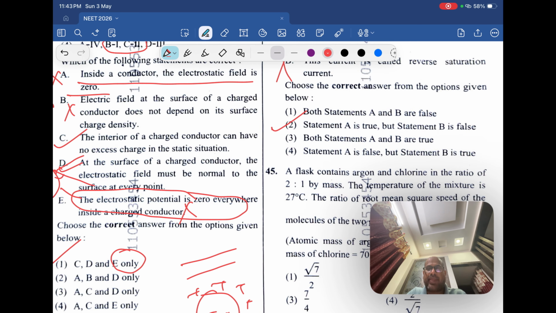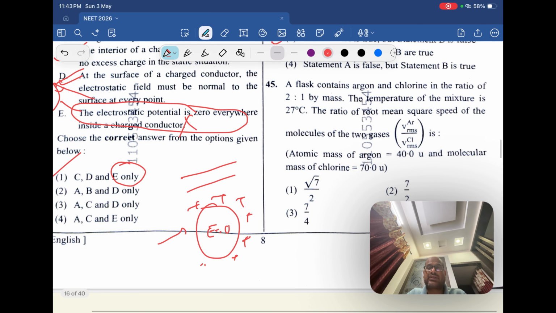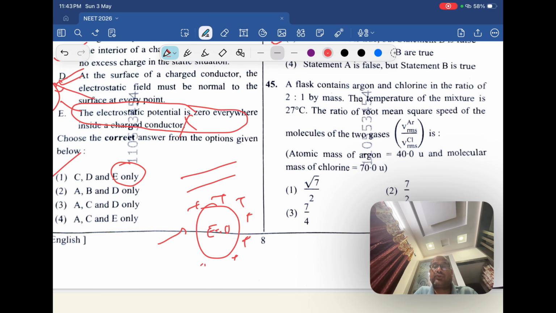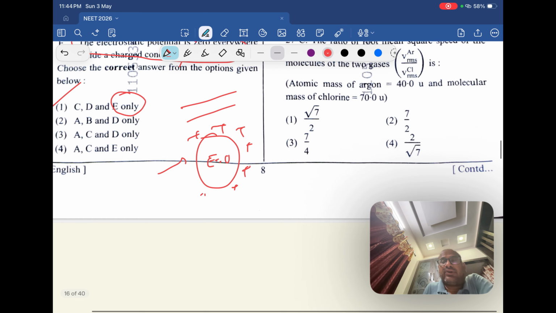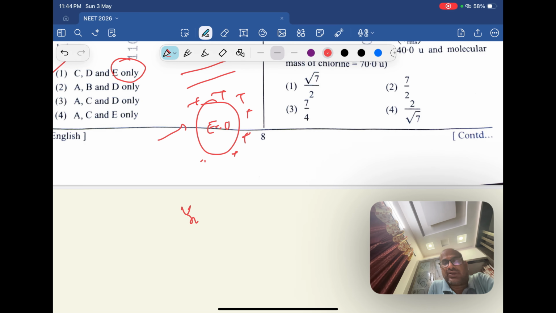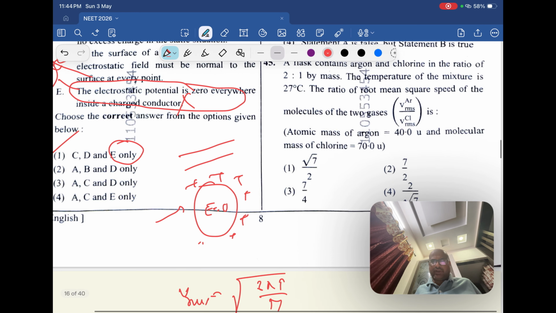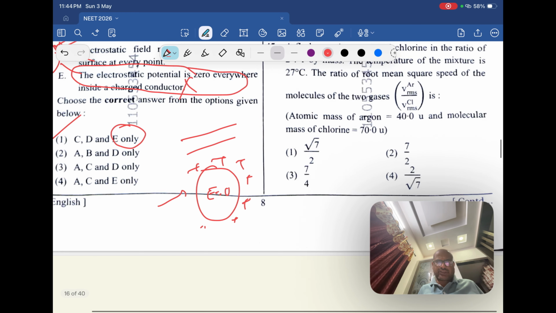So option 2. Next, a flask contains argon and chlorine in the ratio of 2:1. The temperature of the mixture is this much. Ratio of root mean square speed. Okay. What is the formula for root mean square velocity, beta? Vrms is under root of 3RT by molar mass. At a given temperature, so temperature is constant, just leave it.